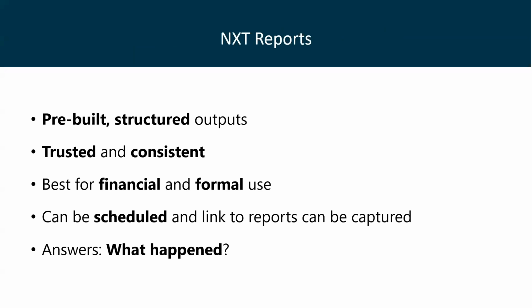What's really cool is that in NXT now, you can schedule reports to be sent out via email to anyone on your team who needs them, and you can also capture the links to your reports. So that's a really nice new feature.